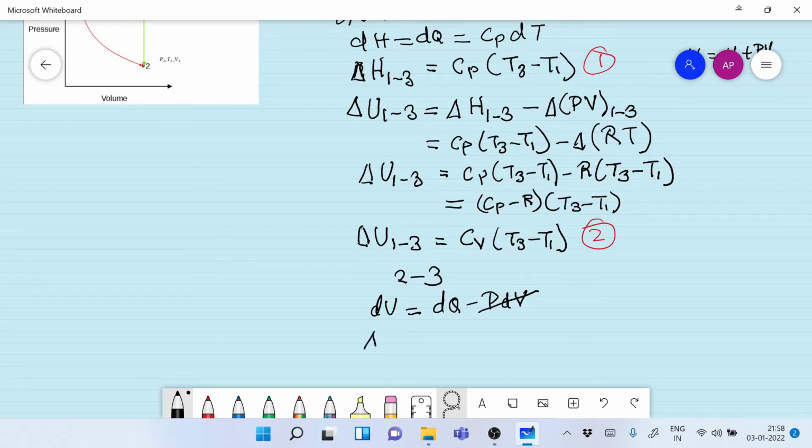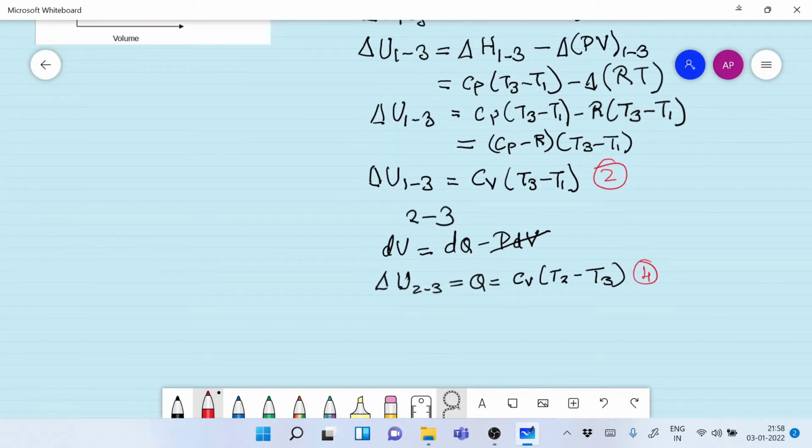Therefore, integrating, delta U for 3 2 is equal to Q, which is equal to Cv into (T2 minus T3). Let's write this as equation number 4.